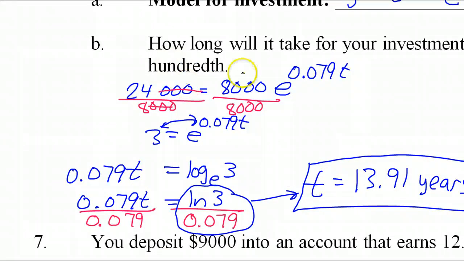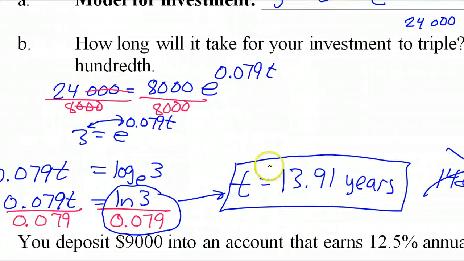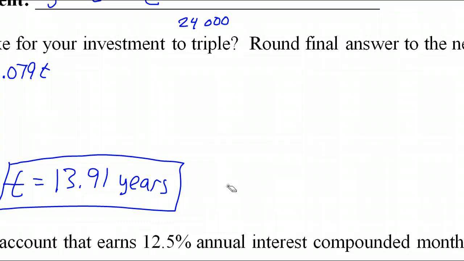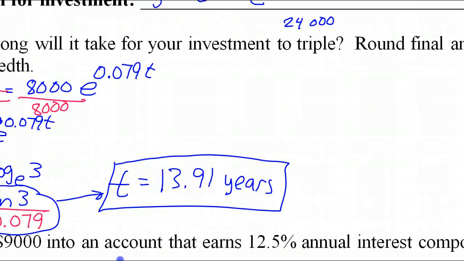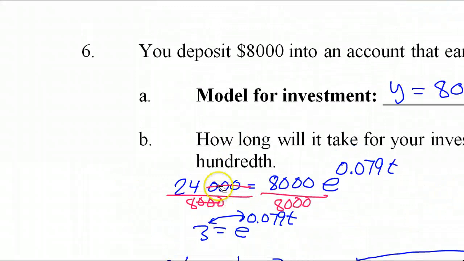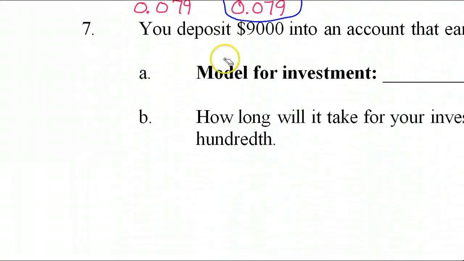Show all this work, give me these good decimals. You know, this is all about logarithms, people, so use them. Let me just erase this, by the way. So that was number 6.